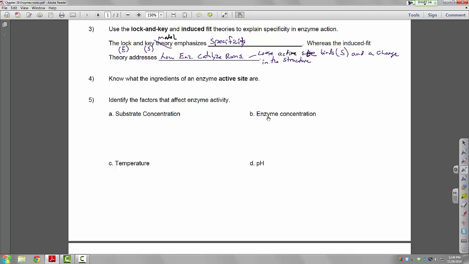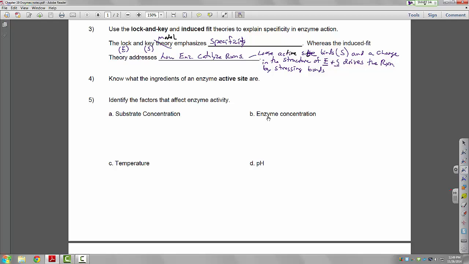The book will tell you it's a change in the structure of the active site, but also there's a change in the structure of the substrate as well. Change in the structure of enzyme and substrate drives the reaction. And I just say here by stressing or straining or bending, twisting bonds.